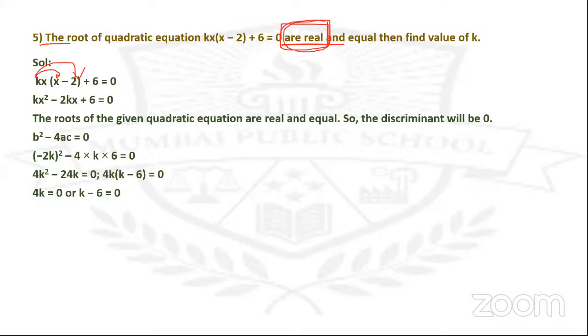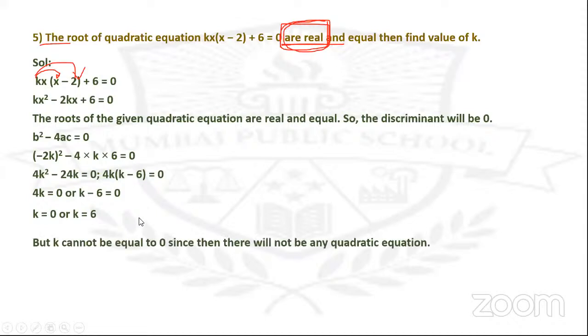So you'll get 4k equals 0 or k minus 6 equals 0. Understand? So the value of k is either 0 or 6. But here, k cannot be 0, since it will not form the quadratic equation. So you'll consider the value of k equals 6.